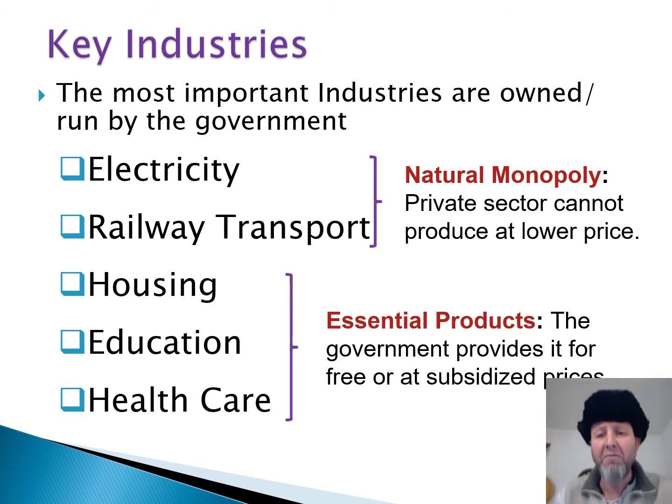The government provides them free, sometimes, or at subsidized prices. In the UK, they have council houses that you could get at a lower rental than that of the market. In many countries, you can get free education provided by the government, and the NHS in the UK provides free healthcare in most cases.